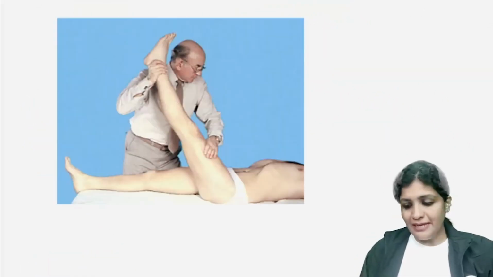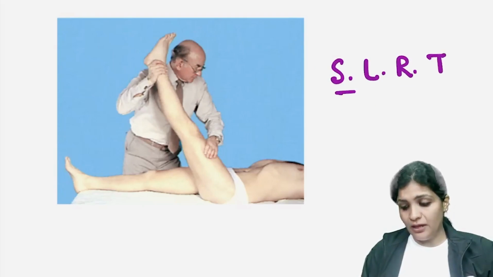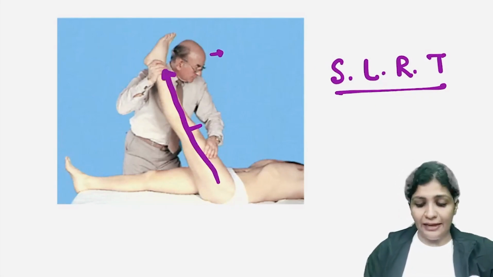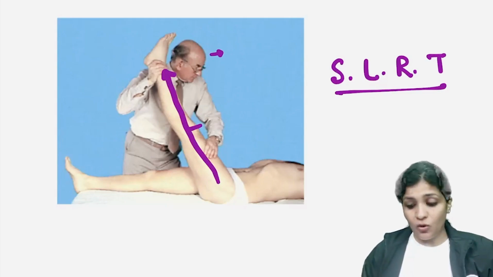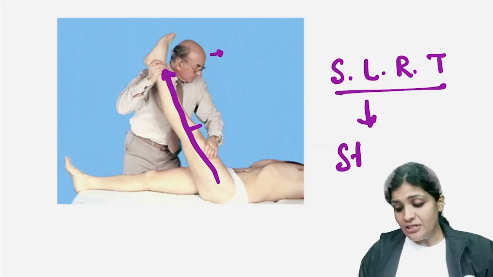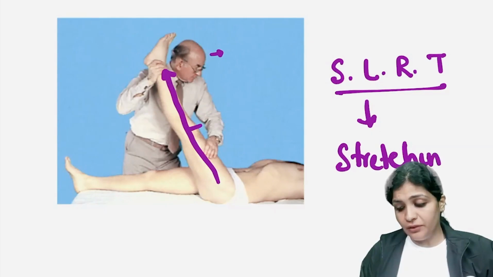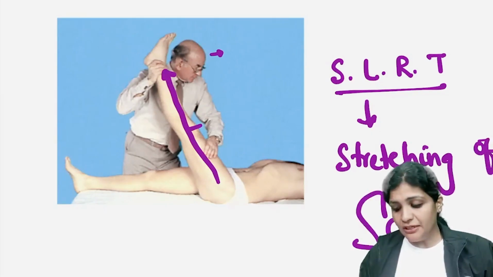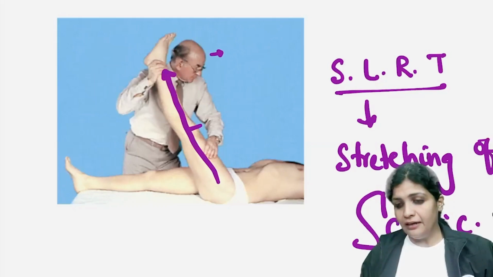This is a test which is called the straight leg raising test. The surgeon or the doctor, with the knee in extension, is raising the leg straight. This will cause stretching of the nerve on the posterior aspect, especially your sciatic nerve, right?